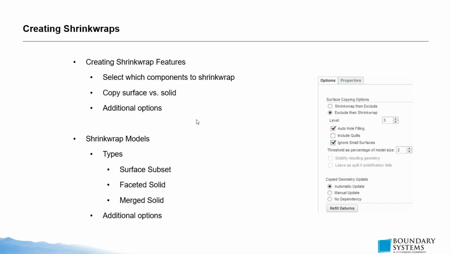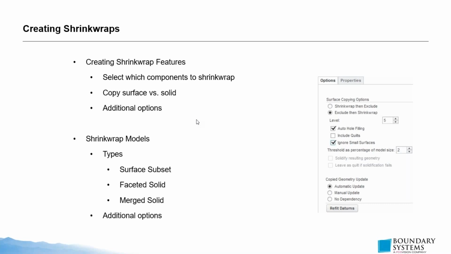So from there, once I've chosen the components I want to Shrinkwrap, Creo has various ways of collecting all of the surfaces of whatever I'm Shrinkwrapping, and then turning that into the Shrinkwrap feature. As I mentioned, Shrinkwraps don't include all of the data of the original model. They only include the surfaces and the datums.